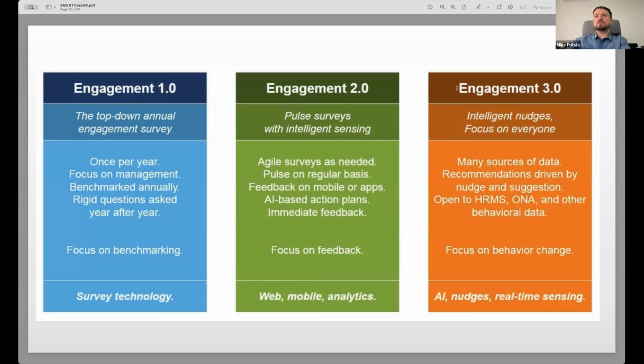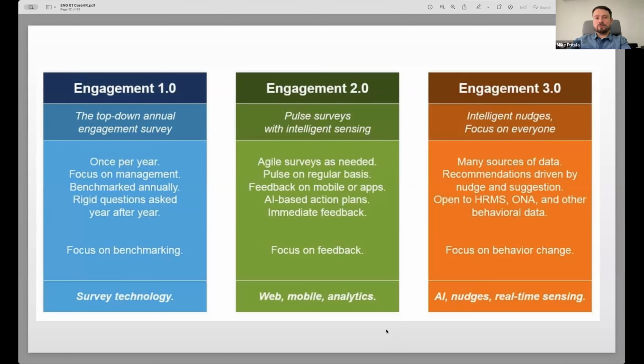But if you want to move to Engagement 3.0 with intelligent nudges, focus on everyone, taking data from many sources and connecting to different systems, then you need AI, and then you need total HR automation, right?